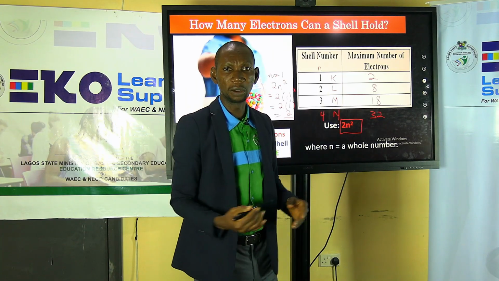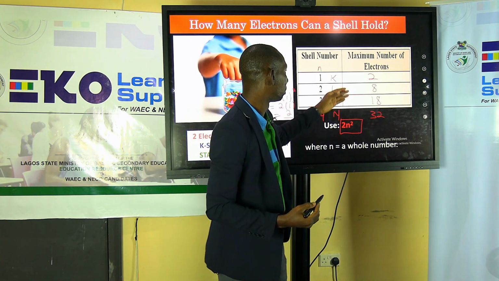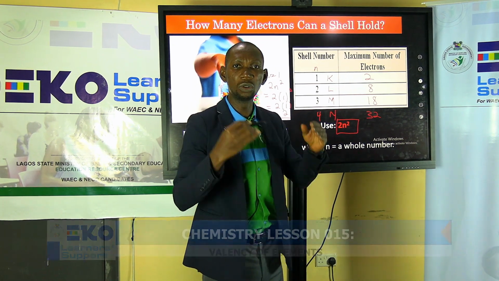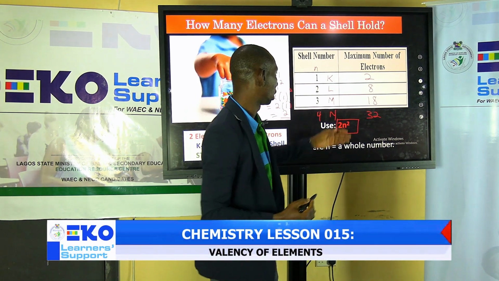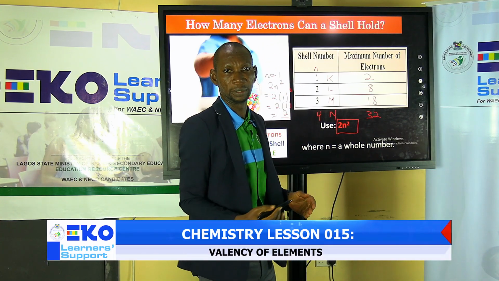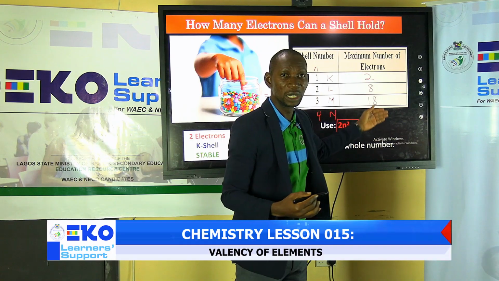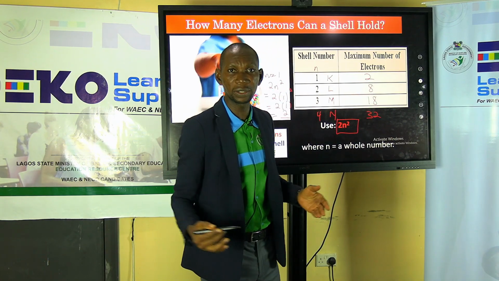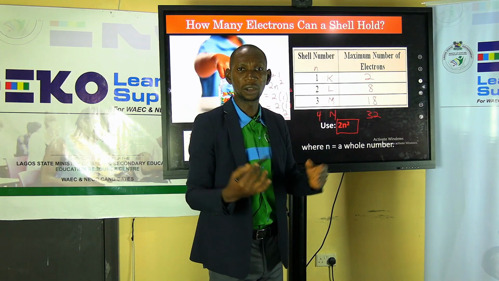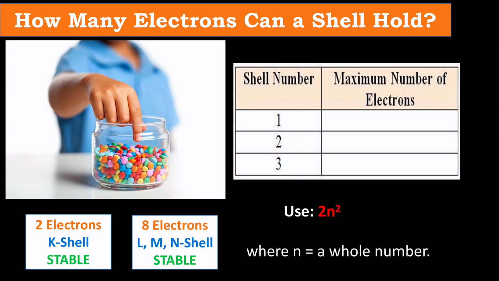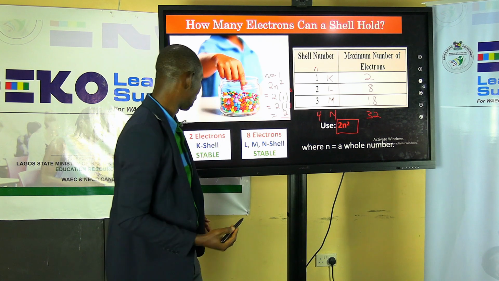But there is a global convention that apart from the first shell, which accommodates only 2 electrons, we assume that the other shells can hold a maximum of 8. Even though the actual numbers of electrons they can hold are 8, 18, 32, and the like, it's a general convention that apart from the K shell, which can hold 2, others can hold 8 electrons, because we're going to be making use of this as we go on.